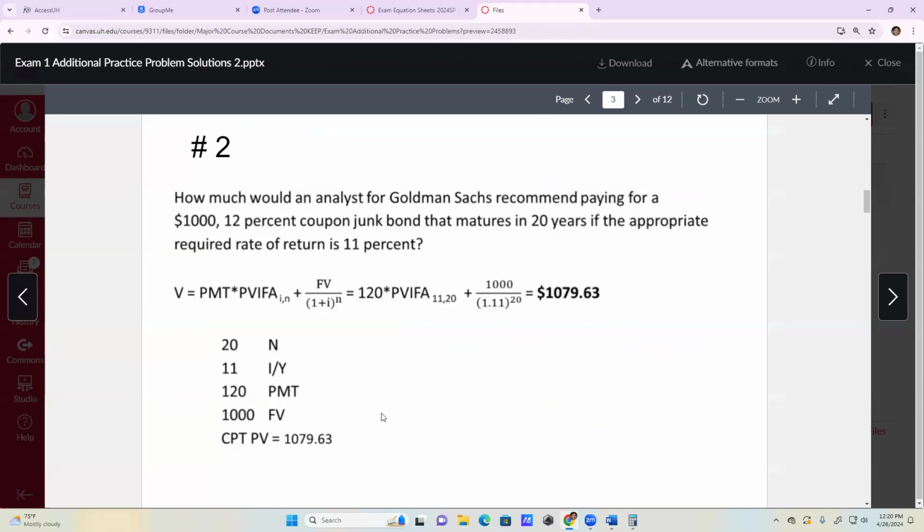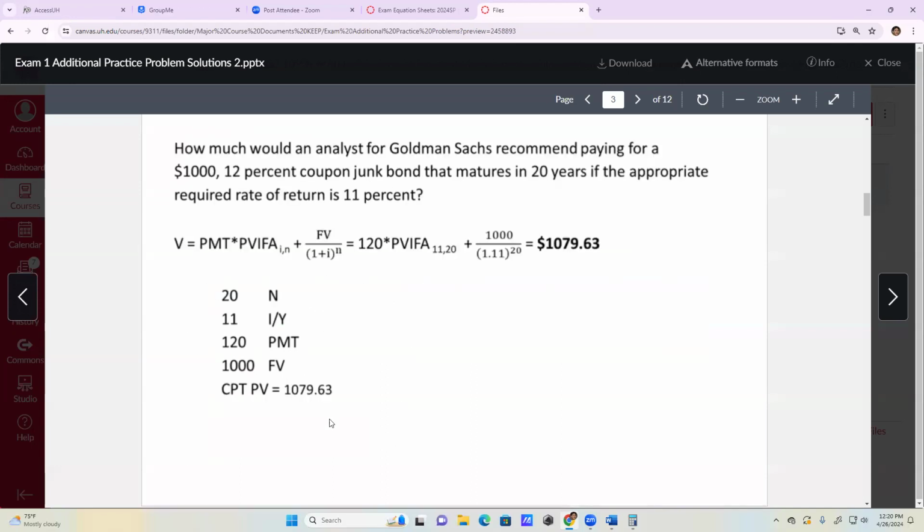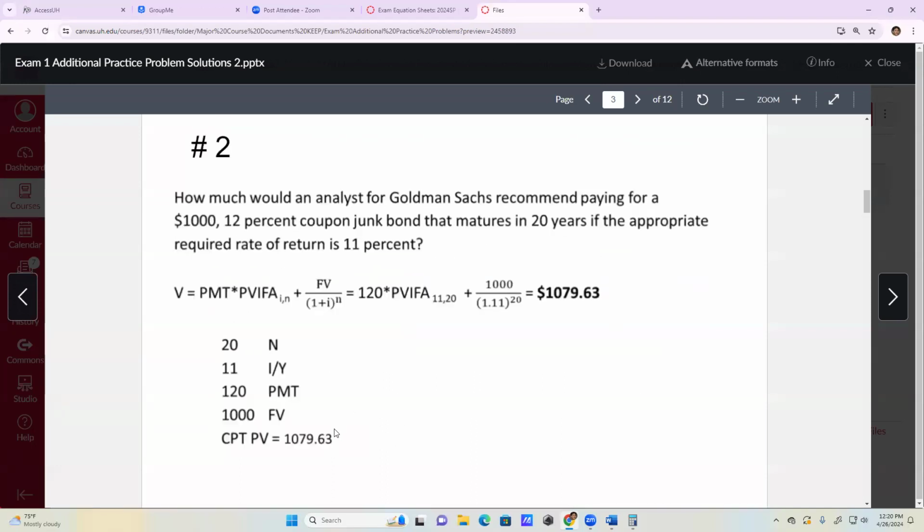I told you guys how to find it already, right? 1,000 for the future value, the FV, and then you're going to hit compute present value. And that's how you got 1079.63. All right, any questions for this problem? No, I got it. Okay.